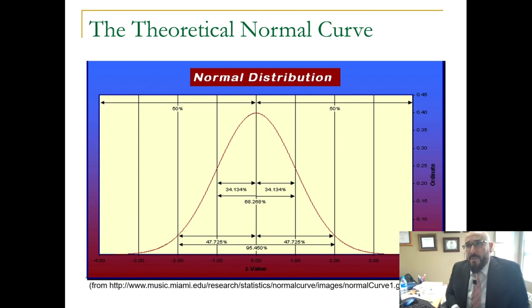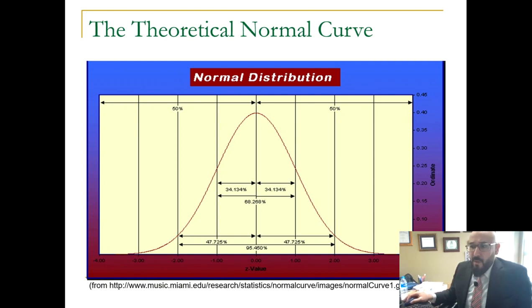For this one, the theoretical normal curve is divided into areas, starting with the middle point right there at the 0. As you see, the z value is 0. And there are 3 standard deviations on the right side and 3 standard deviations on the left. Each standard deviation would be equal to 34% on both sides.